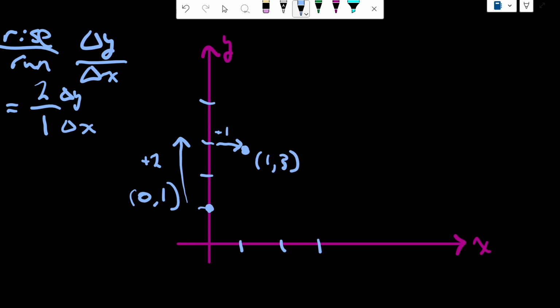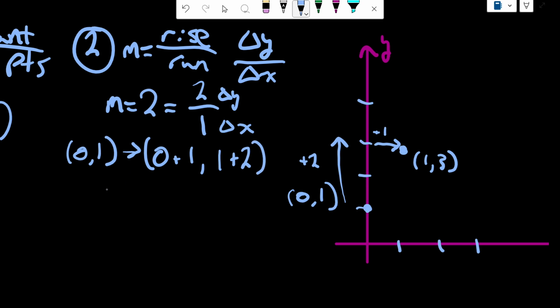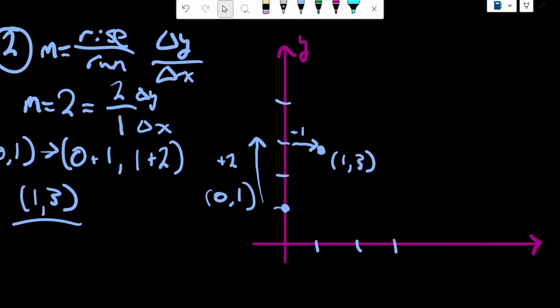If we do this algebraically, we're going to write down our first point, and then we're going to add our change in x to the x value of our point and our change in y to the y value. So in doing that, we get 0 plus 1, comma, 1 plus 2, which also equals the point we got earlier, (1, 3).